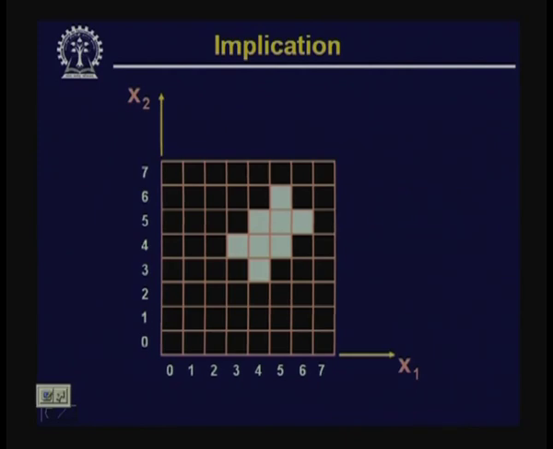In this particular case, the object region consists of the pixels 3 4, 4 3, 4 4, then 4 5, 5 4, 5 5, 5 6 and 6 5. These are the pixel locations which contain the object, and other pixel locations do not contain the object.